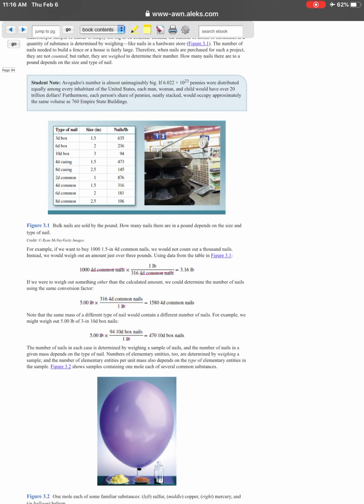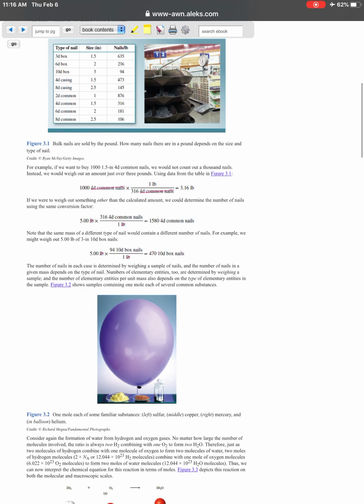A different type of nail, the 6D box. So a box of the 6D nails. Those are a little bit larger, 2 inches long. You get about 236 nails in a particular pound, and then there's a bunch of nails that are shown here. So you can use those as conversion factors, and here's the logic as we get through below the figure.